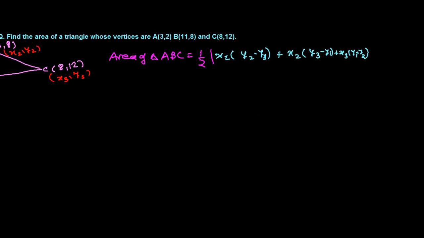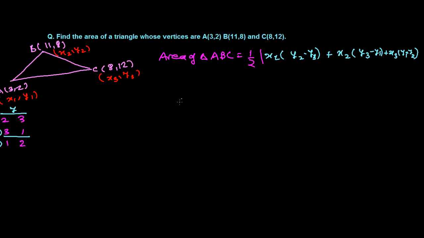Now let's put all the values. So 1 by 2. Here we have already supposed x1, y1, x2, y2 and x3, y3. What is our x1? That is 3, and then y2 minus y3, that is 8 minus 12.